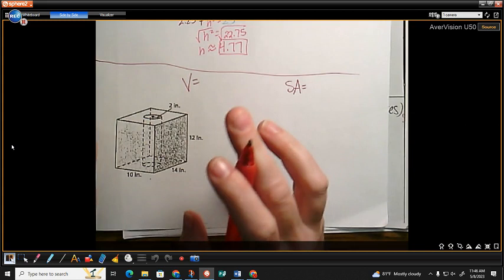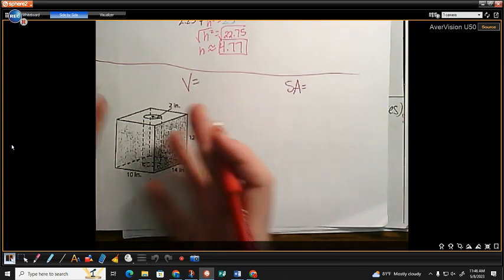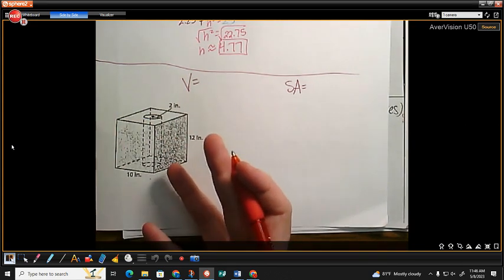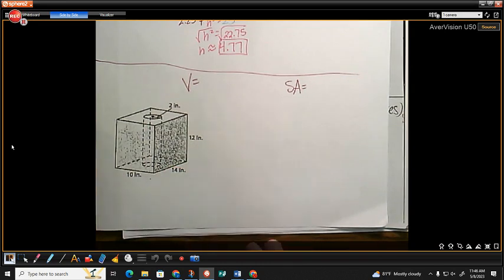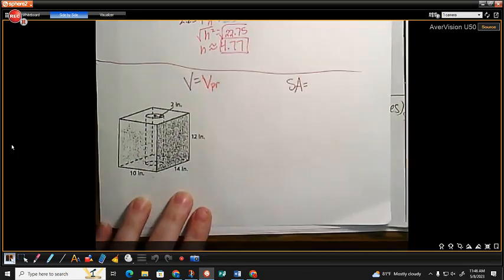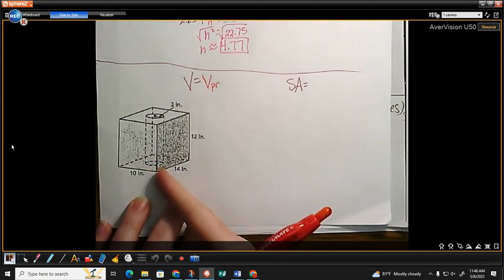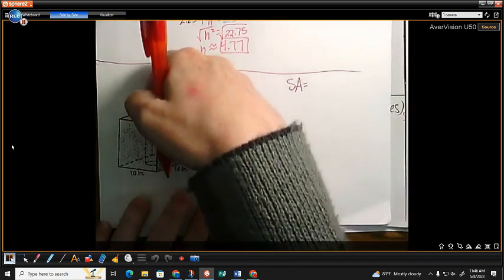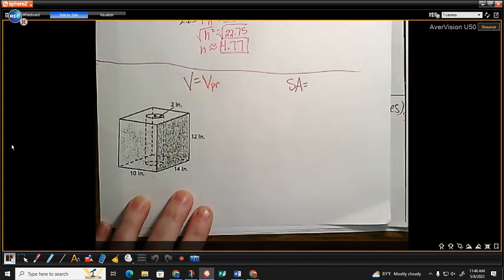For volume, what are we finding the volume of? Is it a cube? The prism. So I need the volume of the prism. Wait a second. Is the whole prism here? No. I have drilled the center out.